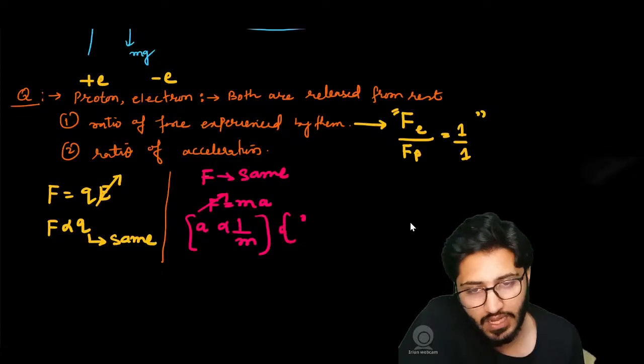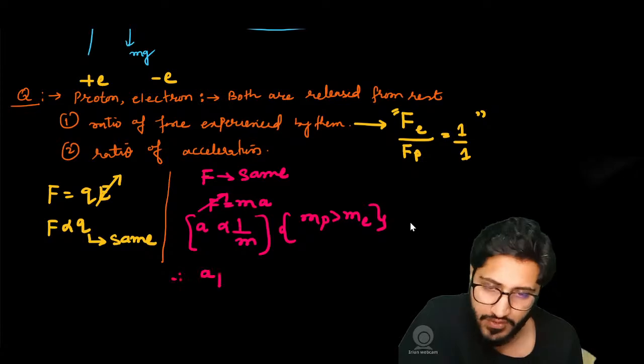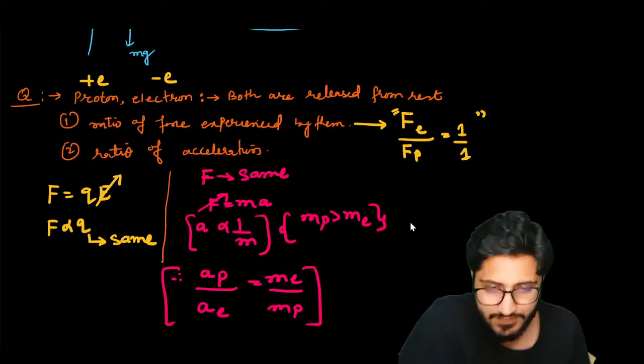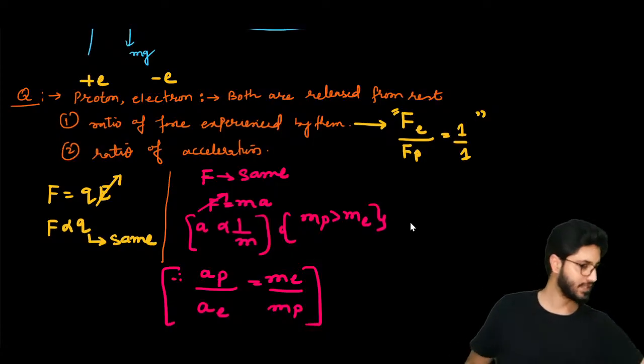We know the mass of proton is more than the mass of electron. Therefore, acceleration of proton divided by acceleration of electron equals mass of electron divided by mass of proton, which is less than 1.